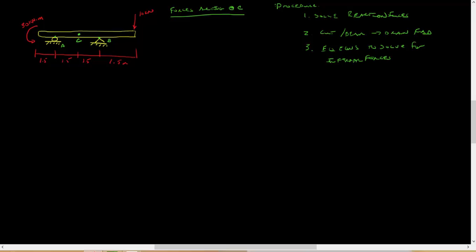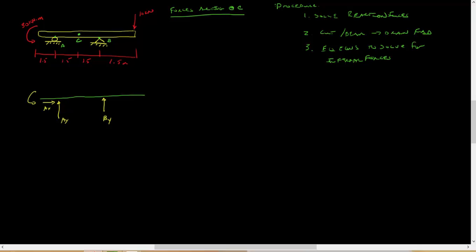Okay, so if I sum my moment about point A, I can get B. If I redrew this really quick, I'm going to have BY, I'm going to have AY, AX.